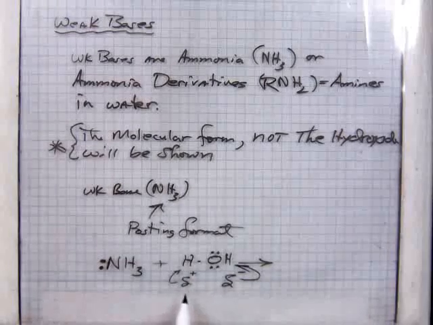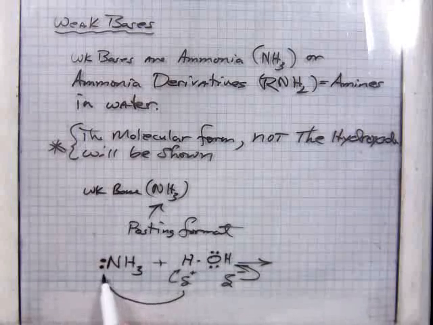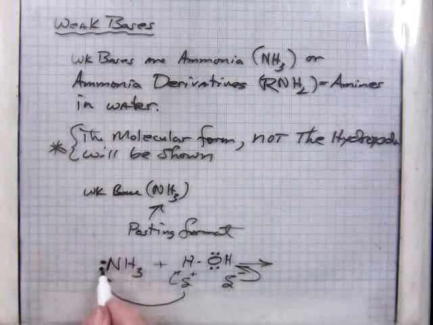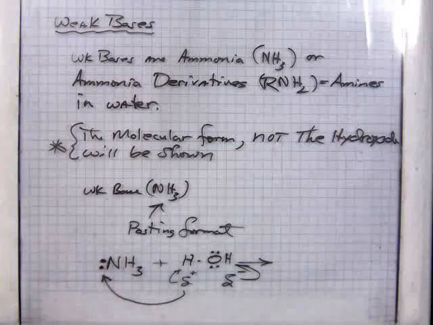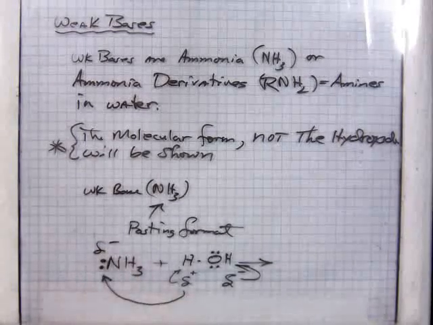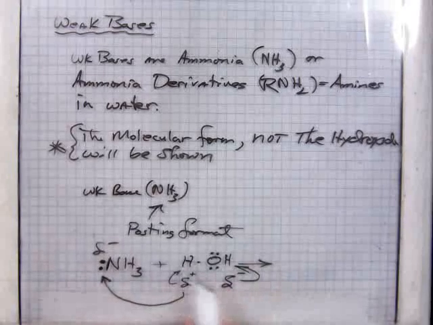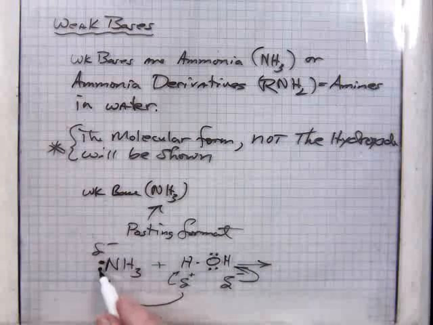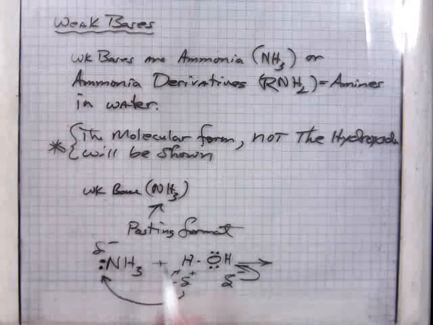Well, that is attracted to the same issue over here because the electron pair polarizes that molecule and makes it negative in nature also. And so this hydrogen, we'll call it the acidic hydrogen, will coordinate with the electron pair, called a coordinate covalent bond.